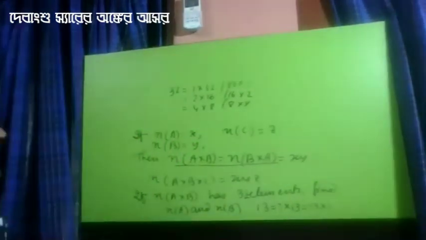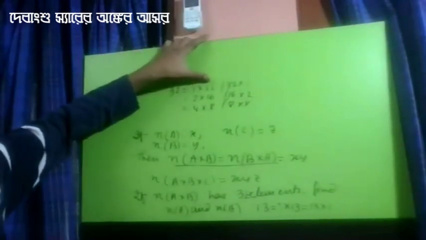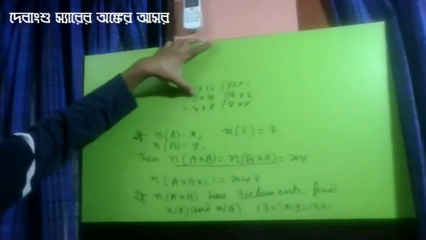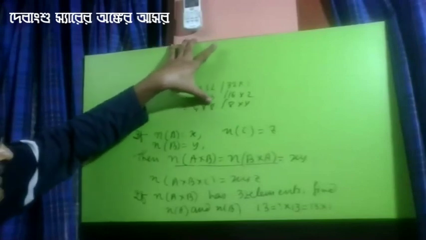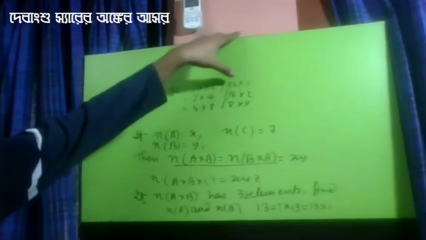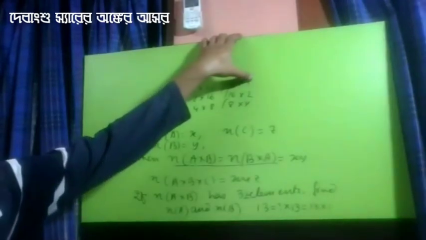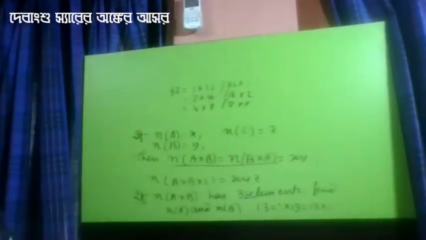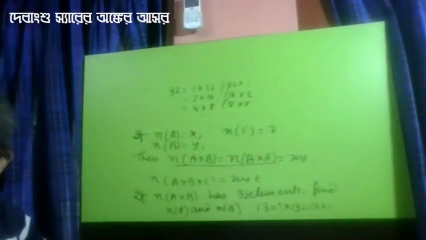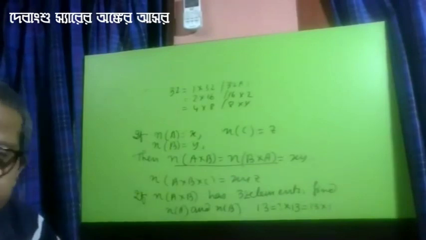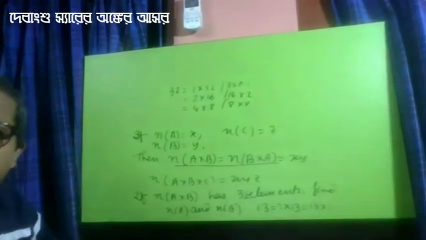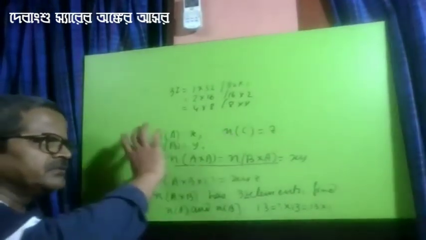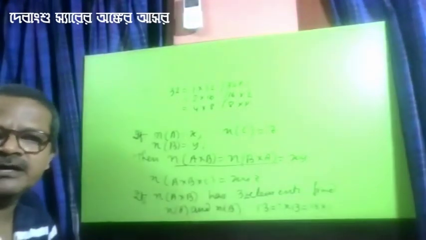So n(A) will be 1 when n(B) is 32. n(A) is 2 when n(B) is 16. n(A) is 4 when n(B) is 8. n(A) is 32 when n(B) is 1. So you have to write 6 answers, 6 possible answers. Clear? So these are the sums related to this concept that may occur.